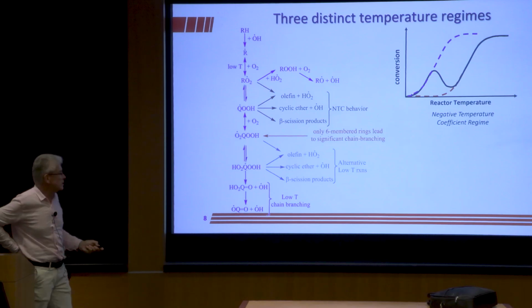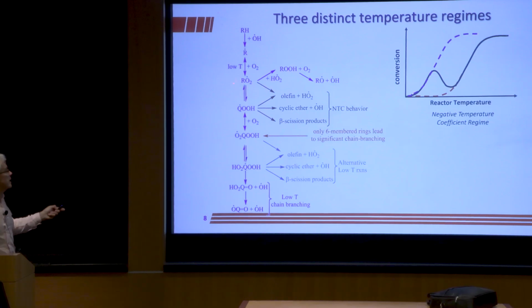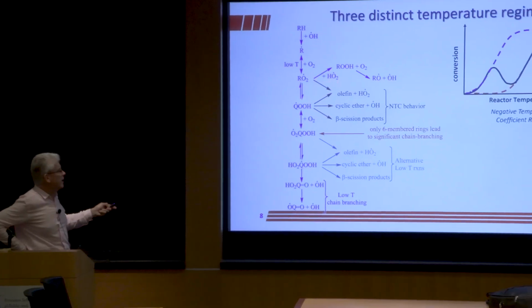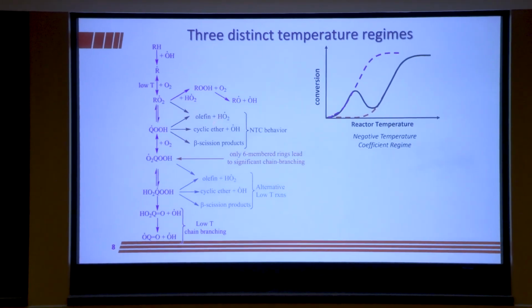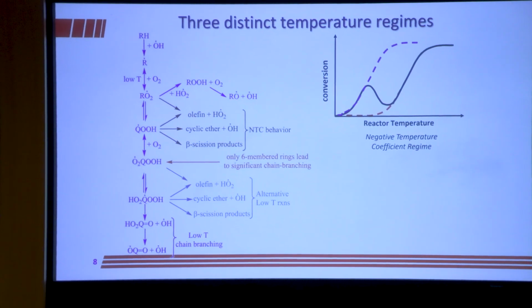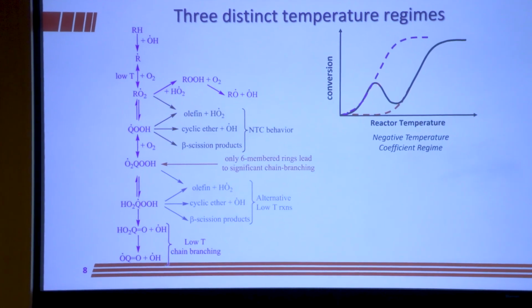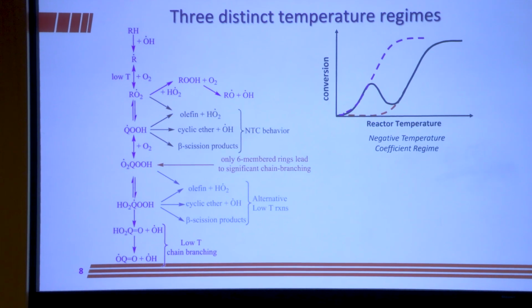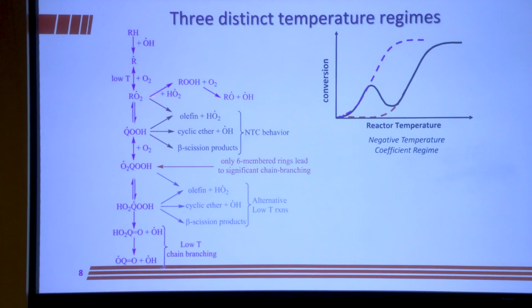Why? Because you do form alkyl peroxy radicals, but then there's an activation energy barrier here of about 30 kilocalories per mole to produce an olefin plus HO2. When you go higher in temperature, once you get up to about 750 Kelvin, that 30 kilocalorie activation energy barrier can be easily overcome.